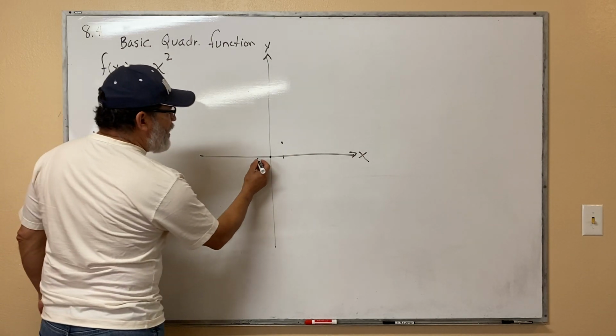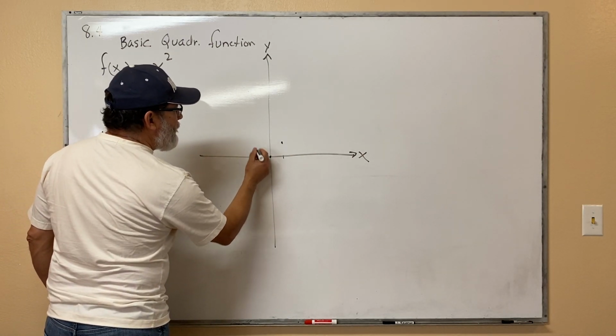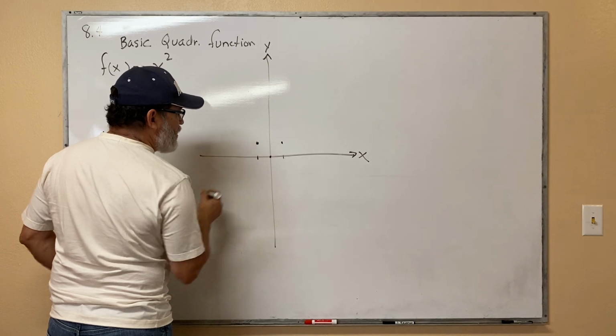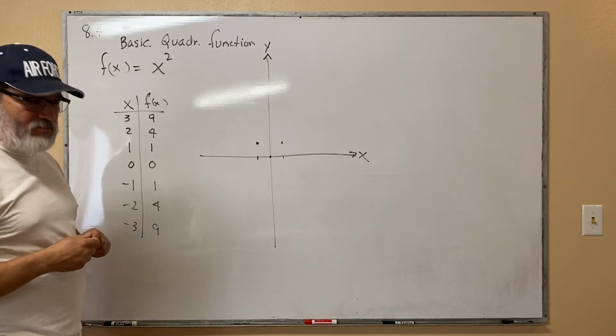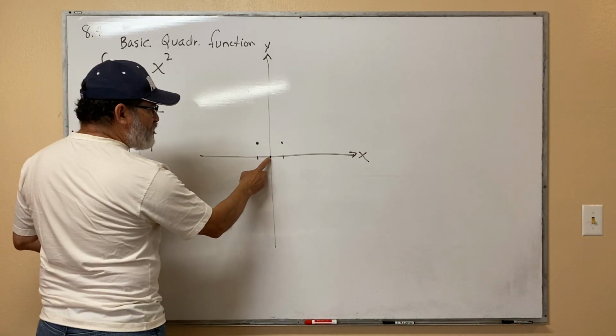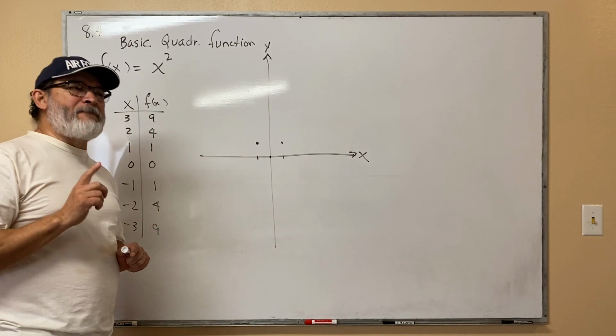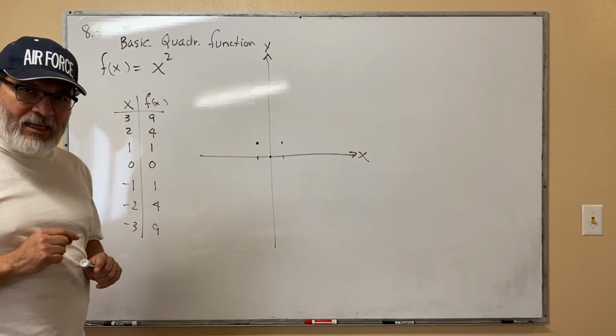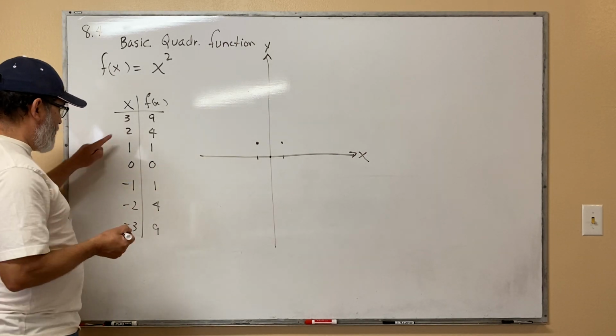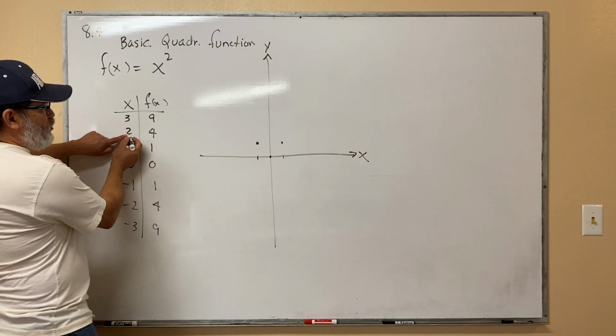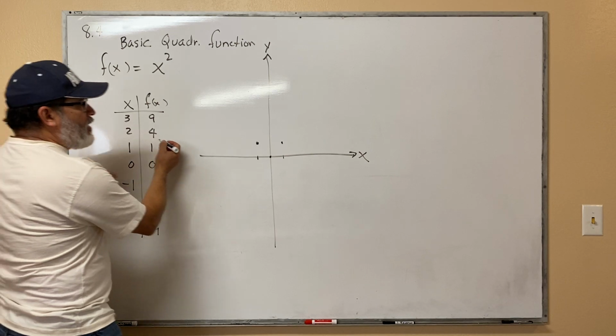X is negative 1, y is 1. So behavior from the vertex: 1 to the left, 1 up. That's the behavior of the basic parabola. 2 to the right, 4 up.